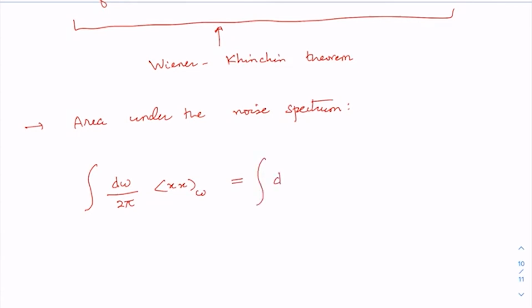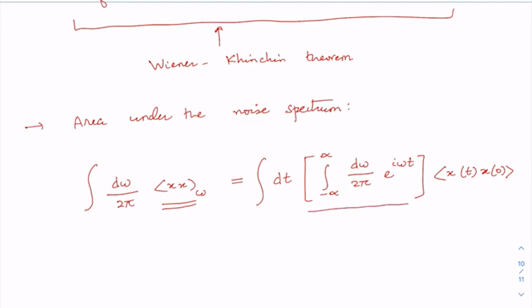You know that this would be d of dt because we know what this noise spectrum is. Then I have here, from minus infinity to plus infinity, d omega by 2 pi e to the power i omega t, and then I have x of t, x of 0, and this is very easy to calculate because this is nothing but the delta function.